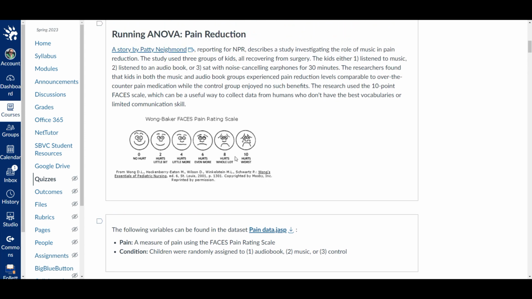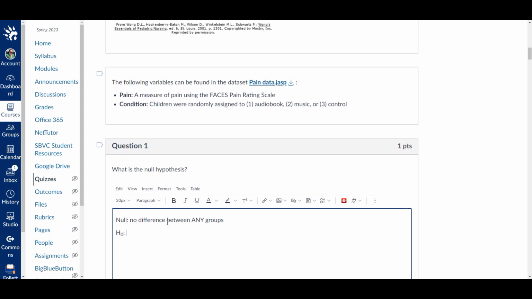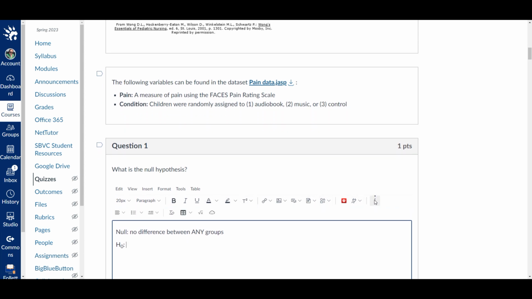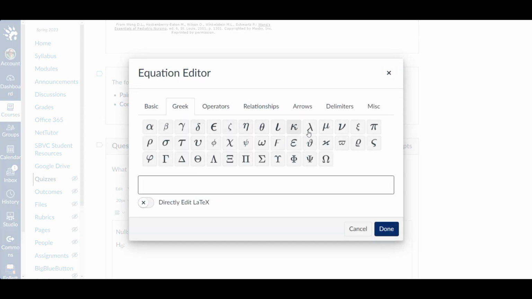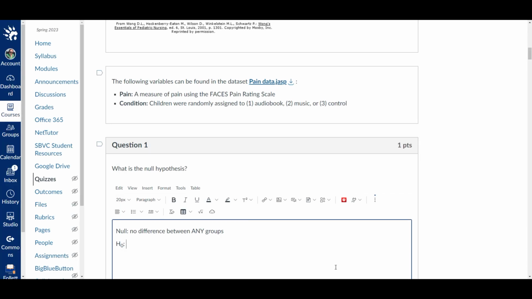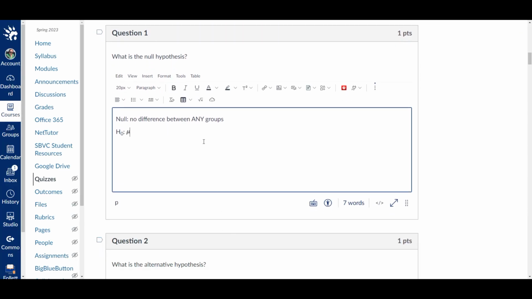And so thinking about what ANOVA is testing, at the end of the day, what we're really going to be looking at is whether our three means, our means of each of our groups, are equal.